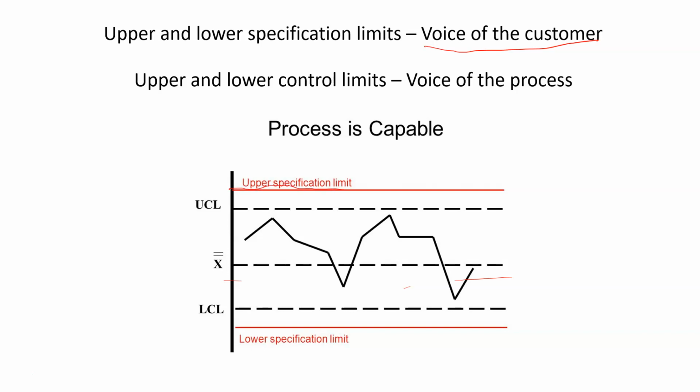So you can have upper and lower specification limits, depending on what part you're measuring and what values you have to actually achieve. These are totally independent from the upper and lower control limits, which would be considered the voice of the process. So how the process is telling you, this would be more along the lines of what Shewhart is. Bringing these together, you can start to see how well your process is satisfying what your customers' needs are.